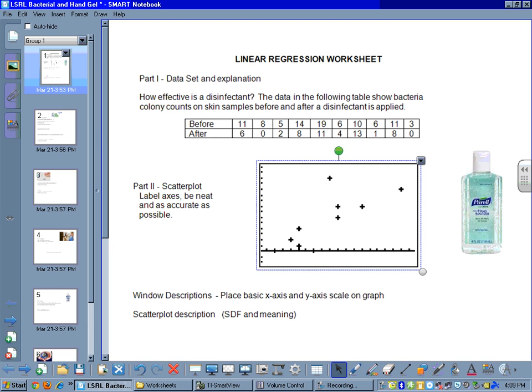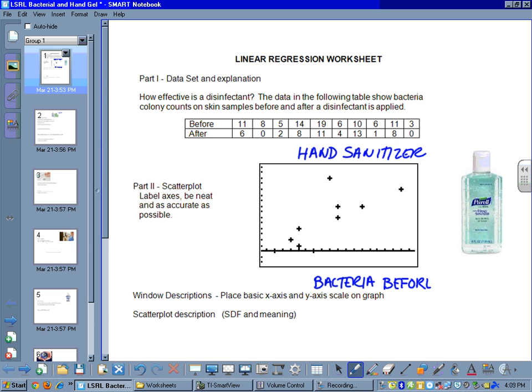and also include the axis title and scale. So this, I'm going to call it hand sanitizer. And this is the bacteria before I use the sanitizer, and this would be the bacteria after.